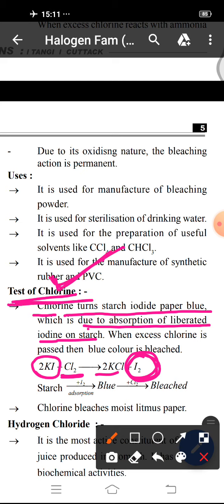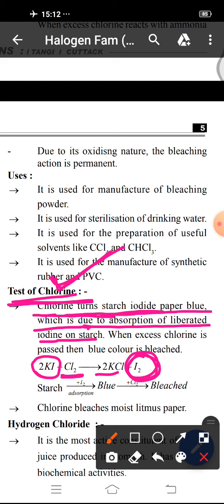So the test of chlorine can be done by reacting starch iodide paper with the gas. If it turns blue, that means the gas is chlorine.